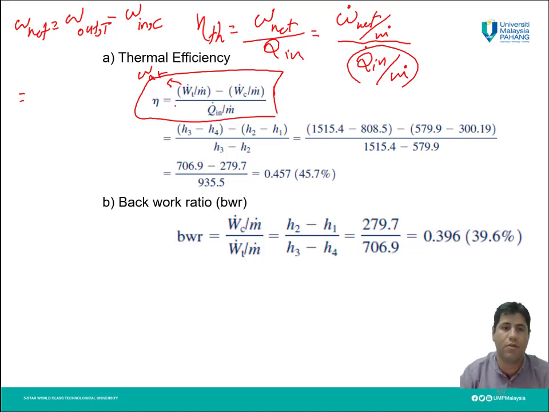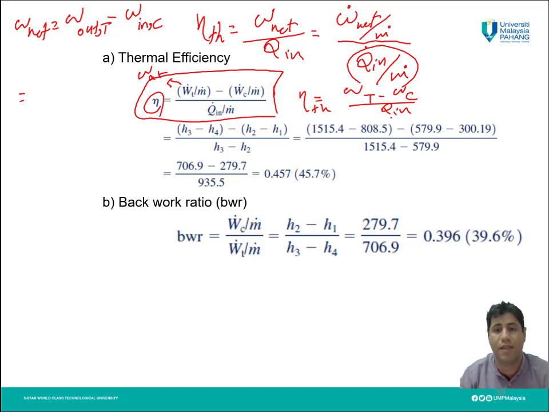Here, you know, the thermal efficiency is equal to, as I wrote here, W net divided by Q in. It is equal to W out, or W turbine, minus W compressor, divided by Q in.